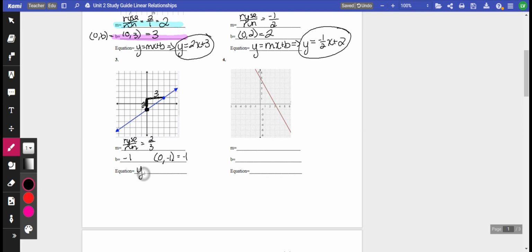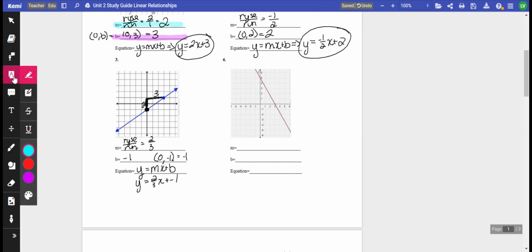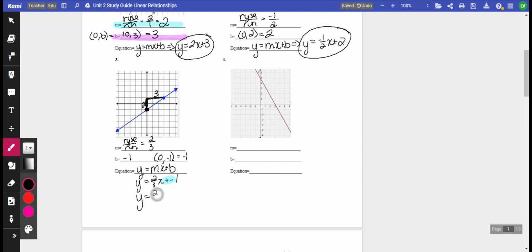So if I take my equation, y equals mx plus b, I'm going to replace my slope and y-intercept. So y equals 2/3 x plus negative 1. And I know everyone right now is like, oh, no, it needs to be minus 1. That is true. Y equals 2/3 x minus 1. Because we can't have a plus and negative, so you have to simplify that.